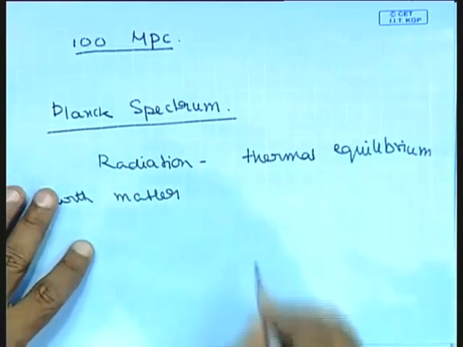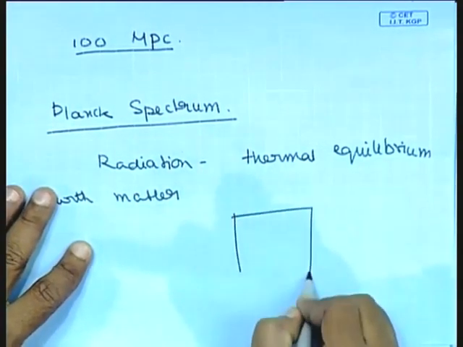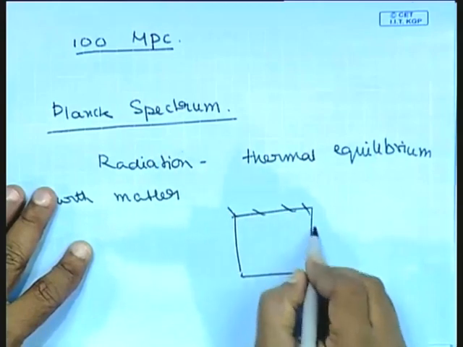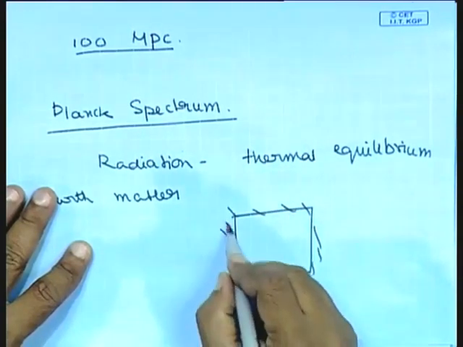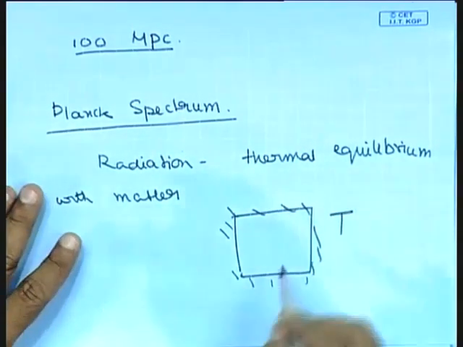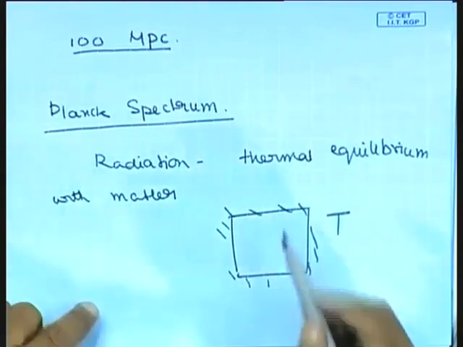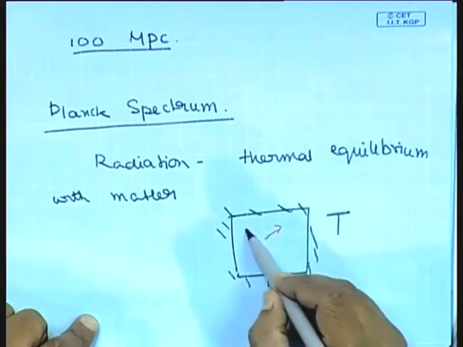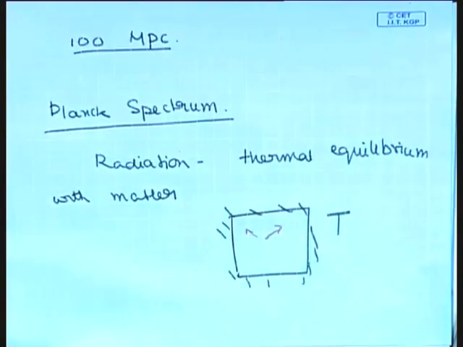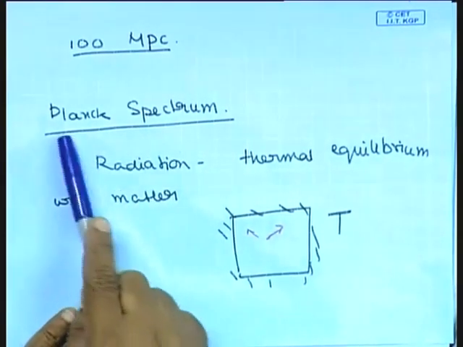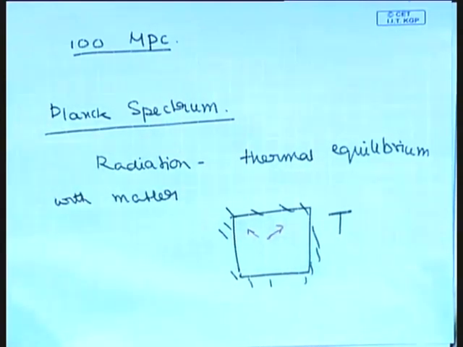That is the picture that we have. So, we imagine a cavity at a temperature T, and if the radiation inside comes to equilibrium with the walls, or with the material inside the cavity, then the radiation has a Planck spectrum or a blackbody spectrum. Okay.